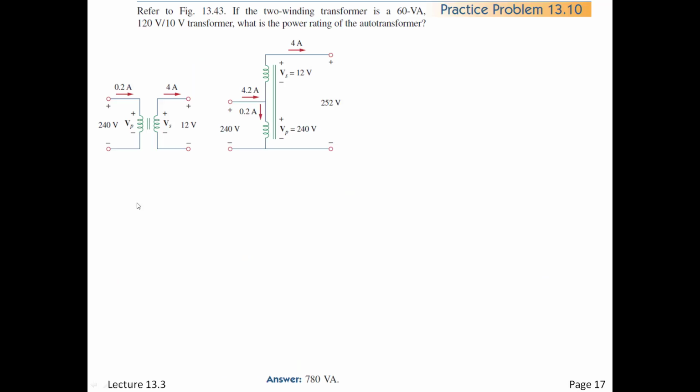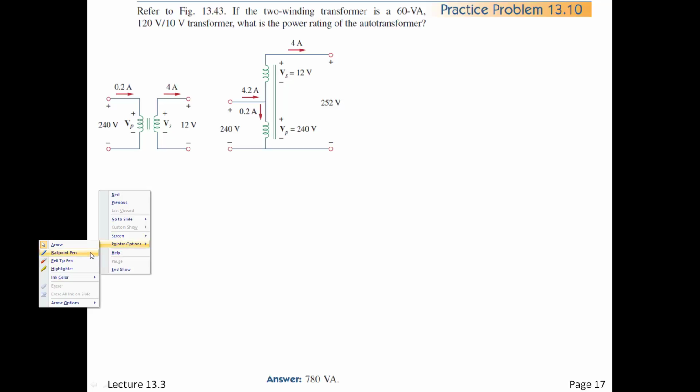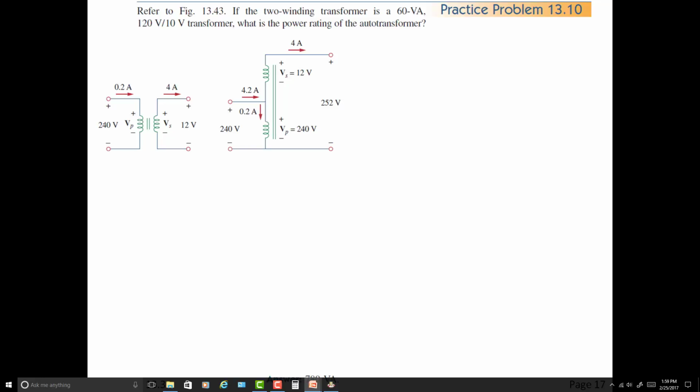All right, so this is practice problem 13.10 from the text. And you'll notice it's just a modification of this picture. So I'm going to convert to a pen here. It says a 2-winding transformer is 60 volt amps, and it's 120 and 10 volts.